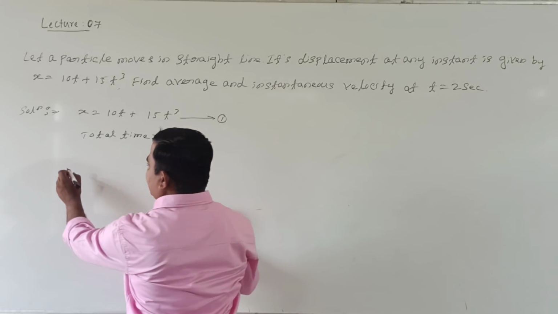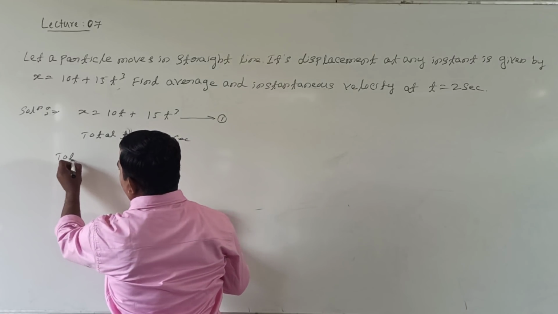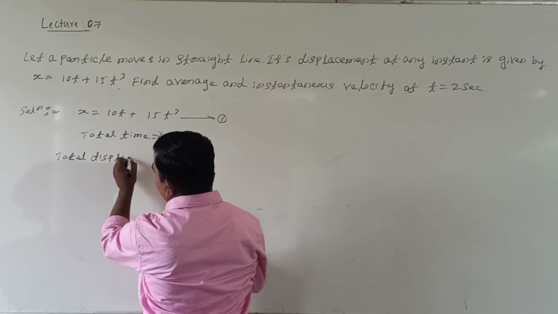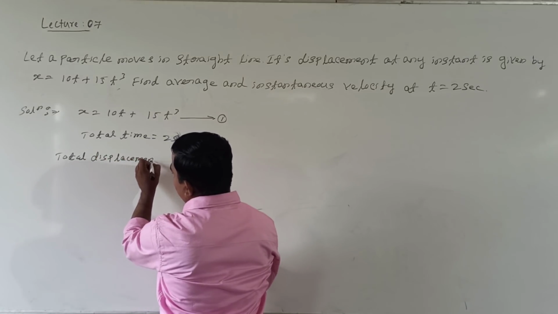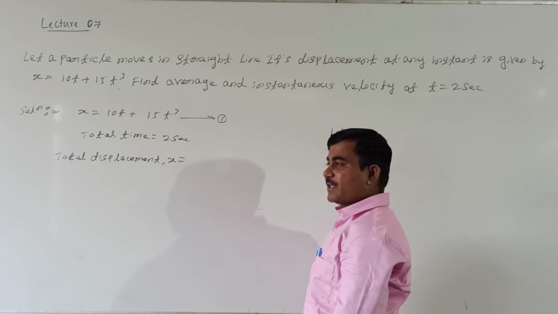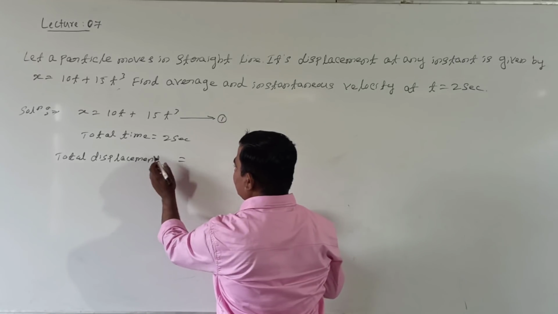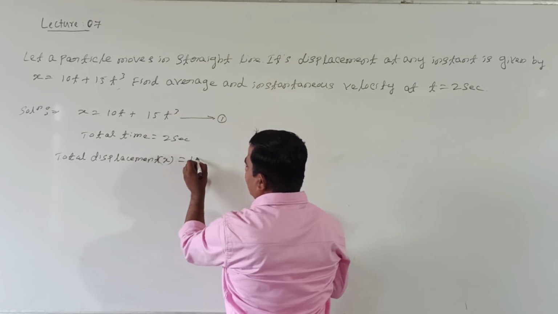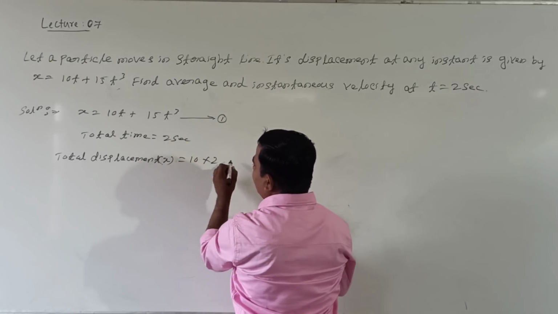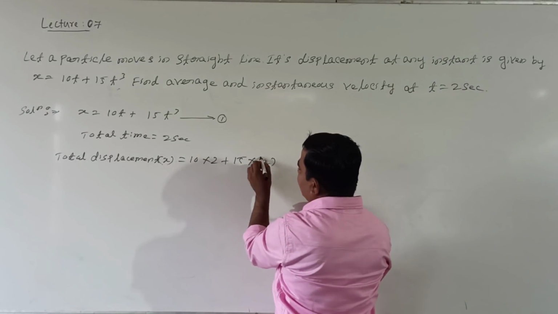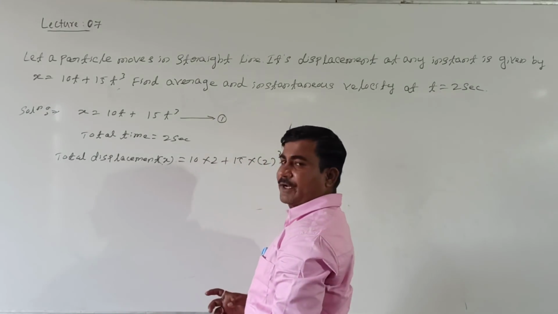How do we get the total displacement here? Total displacement x equal to 10 times t replaced by 2, plus 15 times t replaced by 2, cubed.